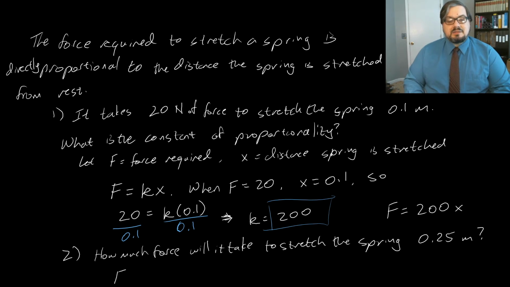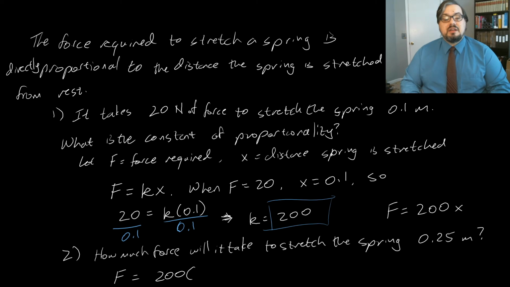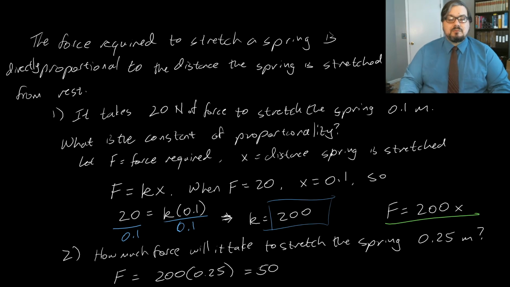And in that case, now that we know that the constant of proportionality is 200, we can simply plug 0.25 into the equation of proportionality in place of x. So we get F is equal to 200 times 0.25, which turns out to be 50. So our answer is that it will take 50 newtons of force in order to stretch the spring a quarter of a meter.